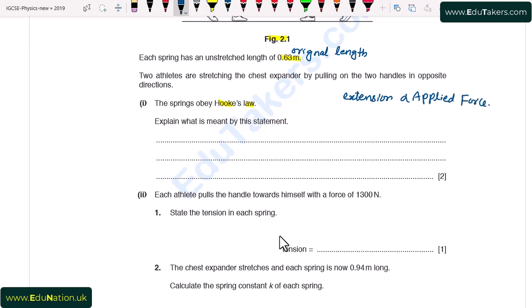When we apply greater force, there will be a large extension, and when the applied force is smaller, the extension will be small. So we write here that extension is directly proportional to the applied force. That is according to Hooke's law.